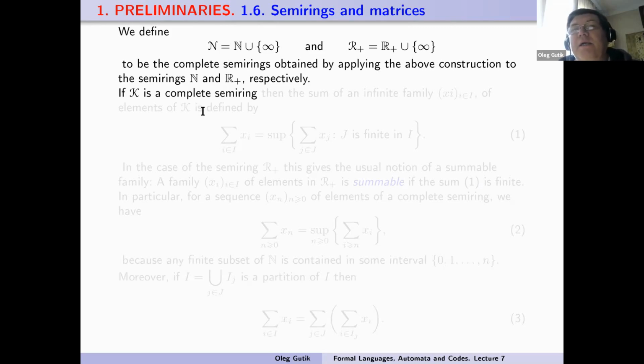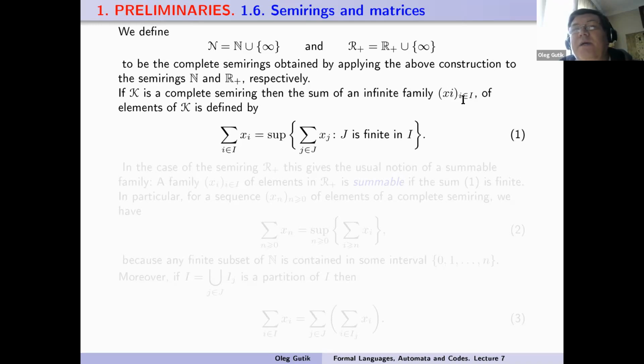If K is a complete semiring, then the sum of an infinite family x_i of elements of K is defined by the following formula. This is the supremum of such finite sums.